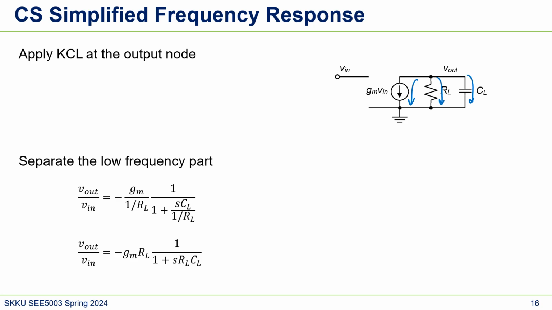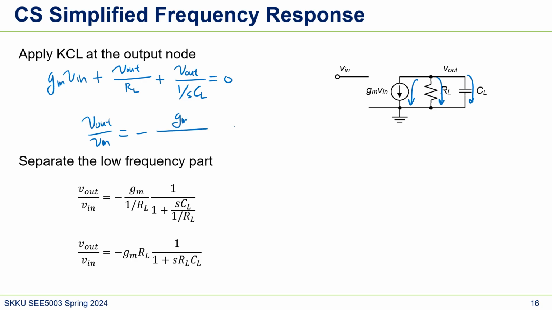That's KCL, which is g_m V_in plus V_out over R_L plus V_out times sC_L, because the impedance of C_L is 1 over sC_L. And this is 0, and if we do some math, it's minus g_m over 1 over R_L plus sC_L.